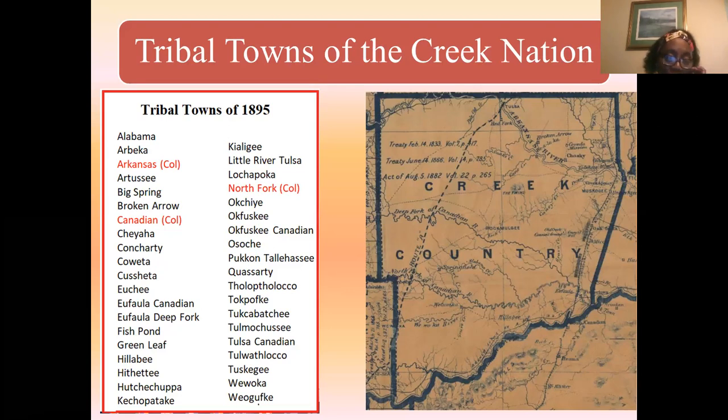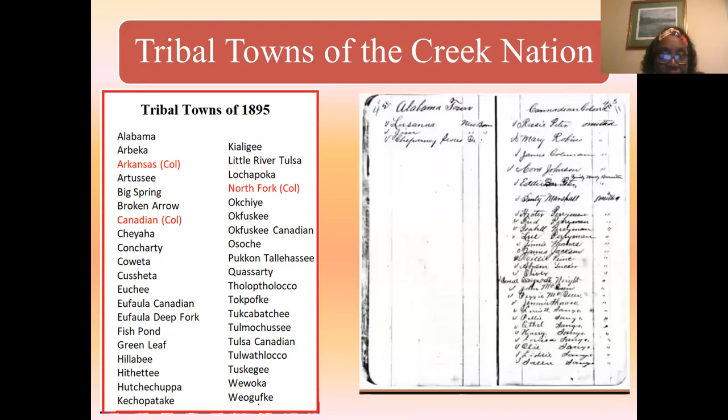Now, I put the abbreviation because sometimes it appears on the documents. Arkansas Town was sometimes written as Arkansas Colored Town, Canadian Colored Town, and North Fork Colored Town. But they were official tribal towns within the confines of the Muscogee Creek Nation.